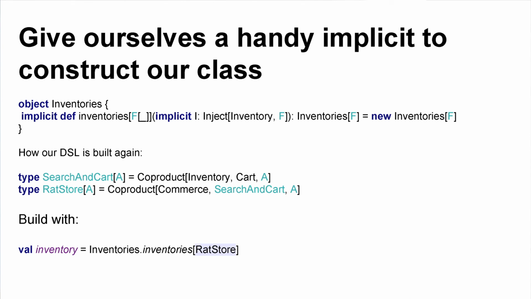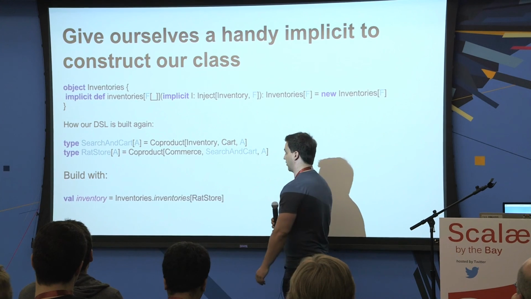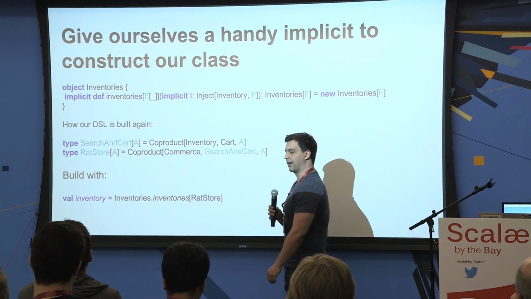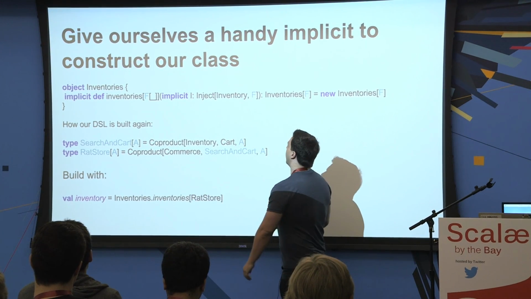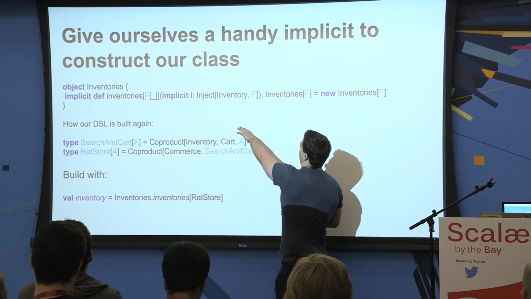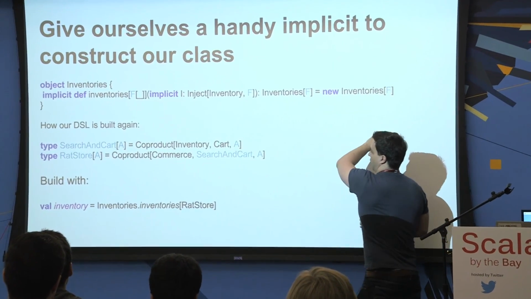So we say, hey, I want to give you an instance of inventories, but you've got to tell me what you want to mix me with. And it can be reflexive. It could be, I'm going to mix myself with myself in case you don't have any other grammars that you want to mix this in with. Makes it kind of sound like the cake pattern, huh? Here's the implicit of that, and then I'll give you a new inventories.